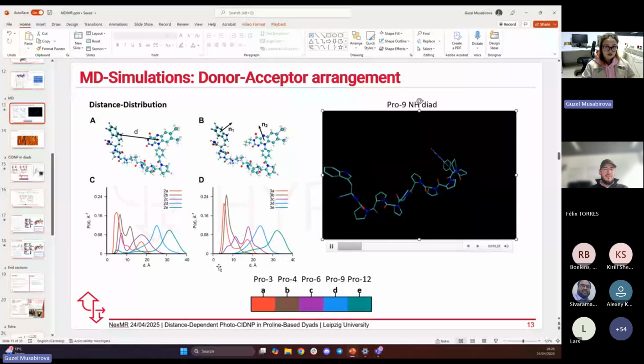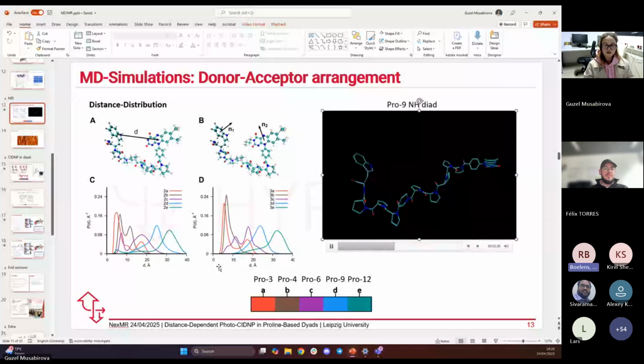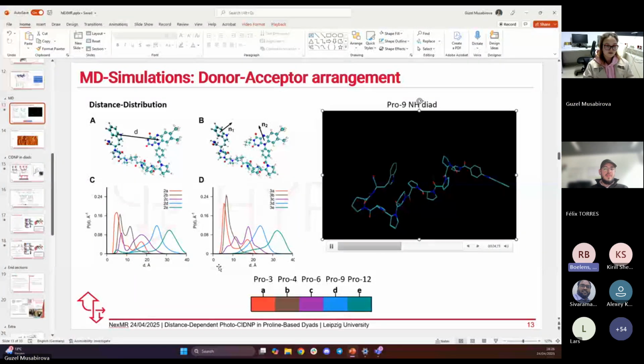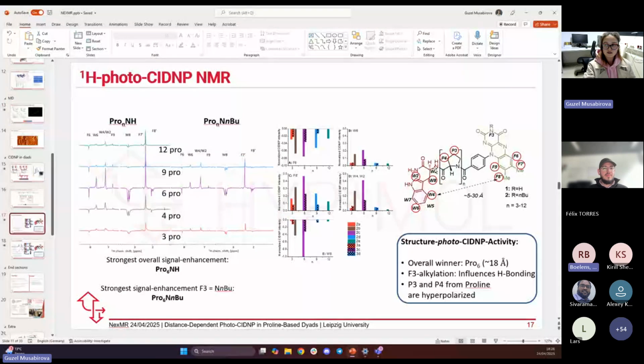Right now we are working on dyad designs where additional groups hinder this motion. That's the direction where we work right now. Okay, good, like adding a tertiary butyl group or something like that. Yes, large groups. Or, for example, take away this very long bond at this place, which makes the system quite flexible. Okay, thank you.